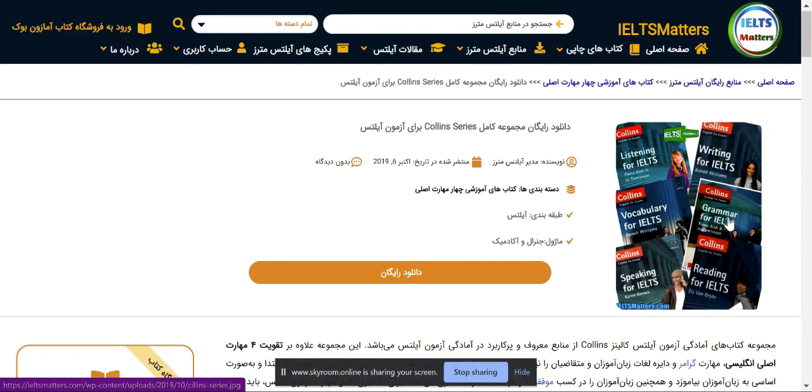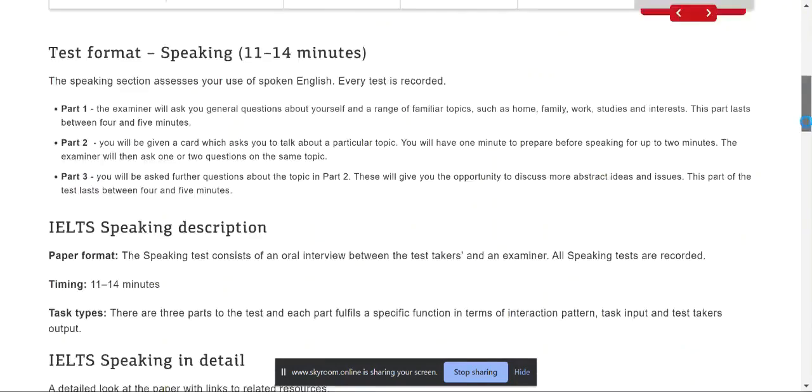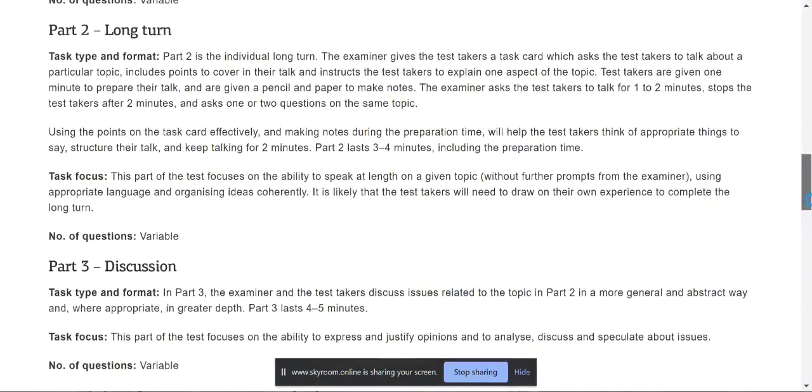And remember something in speaking section two, the long turn one: the question is always about the past.